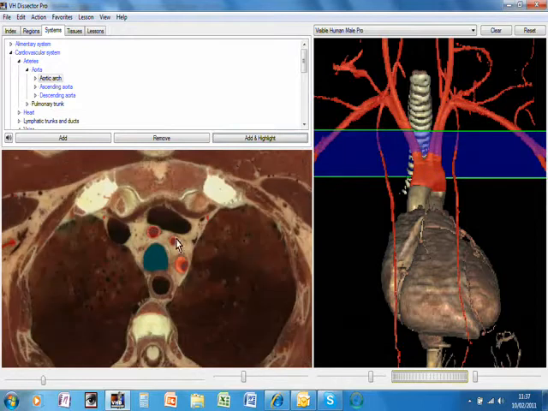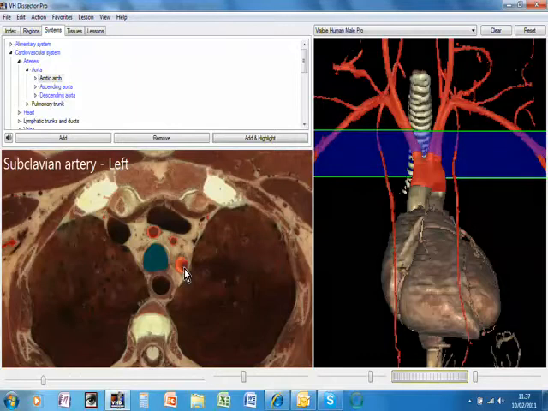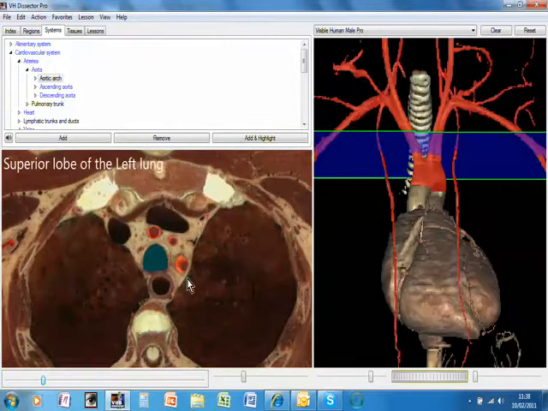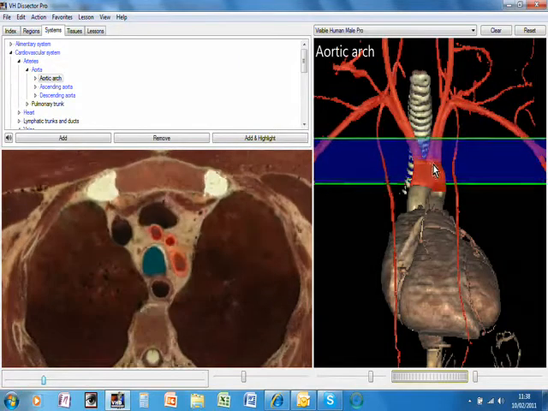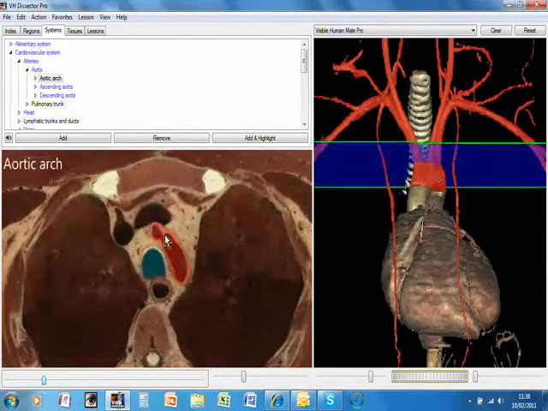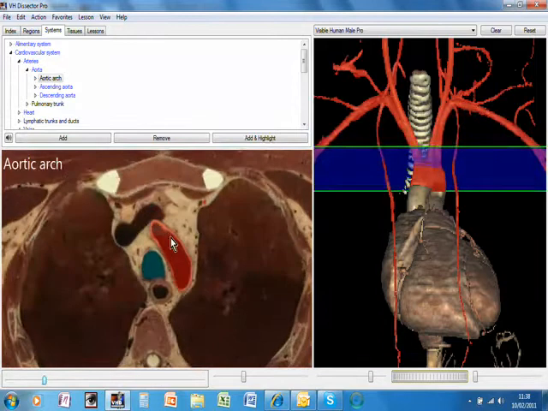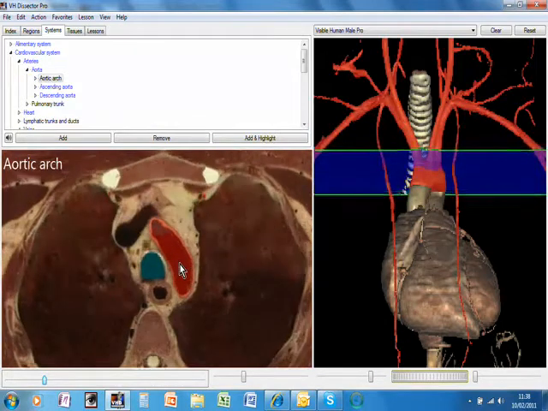So you can see the three profiles of the major branches from the aortic arch. Again, if we scroll down, we'll see that as we approach the arch, those three vessels have now already come off it.